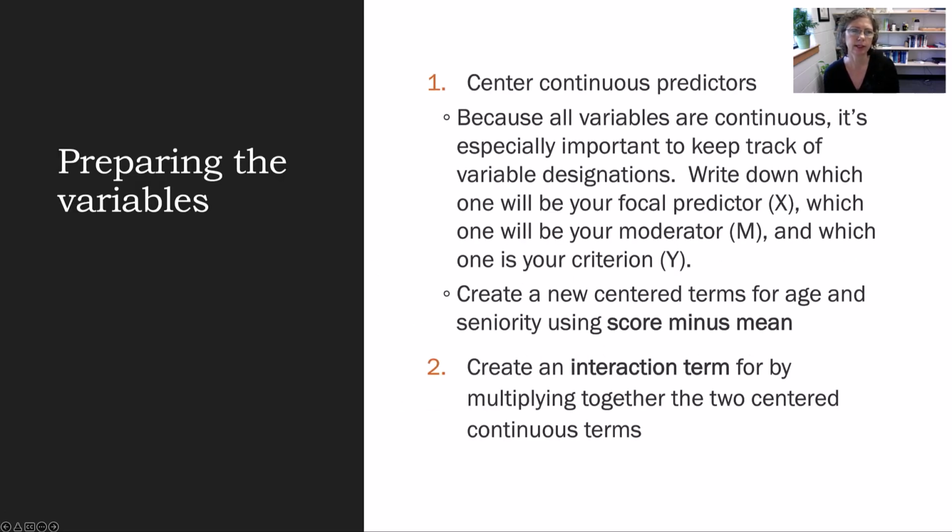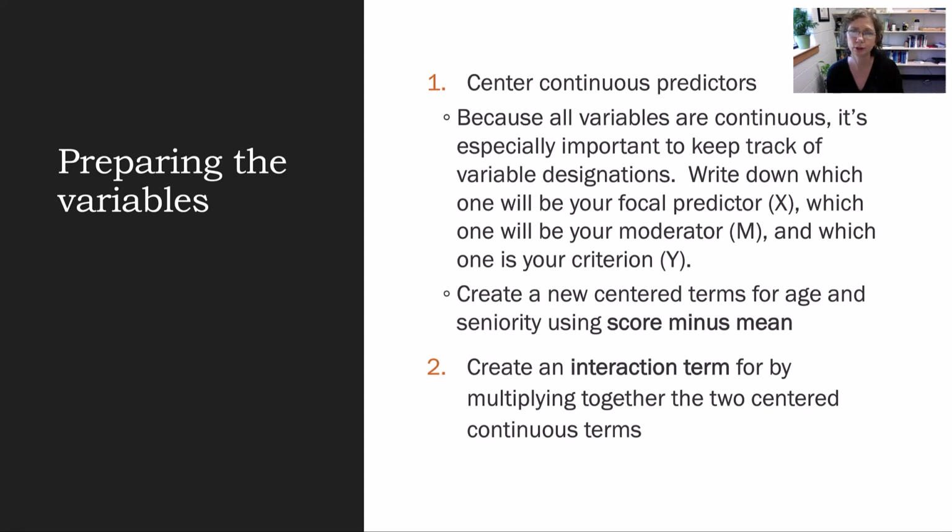So one thing we need to do to prepare the variables is to center our continuous predictors. And because we're calling one our focal predictor and the other the moderator, you might want to write down which one's going to be your focal and which one's going to be your moderator. We're going to look at them both ways because, like I said, statistically, it doesn't care.